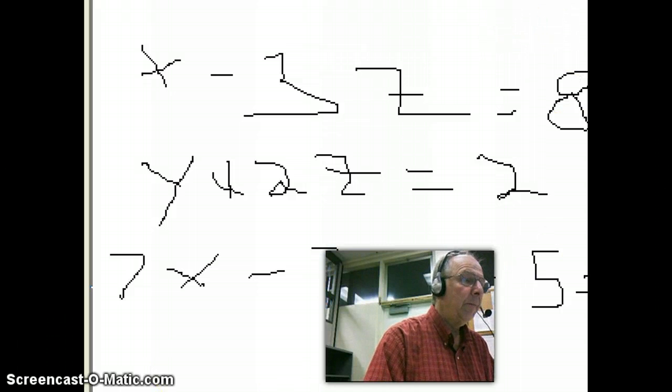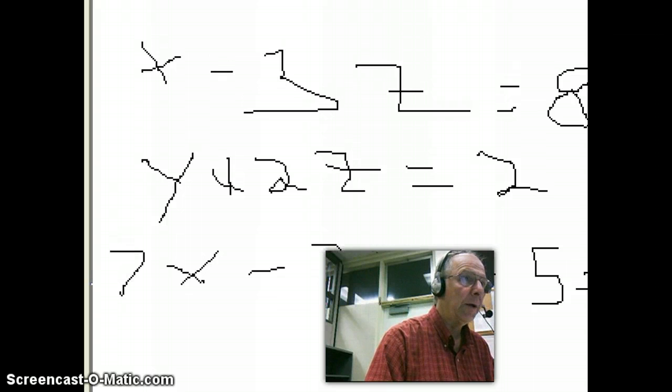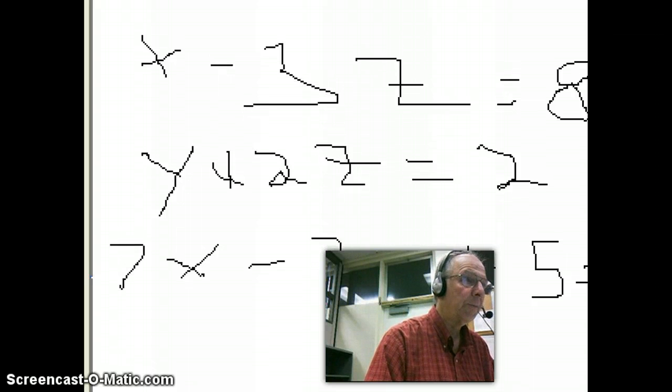Then we're going to put parentheses around this and replace it for x in the last equation, and we'll have an equation with y and z. So I'll do that down here below.